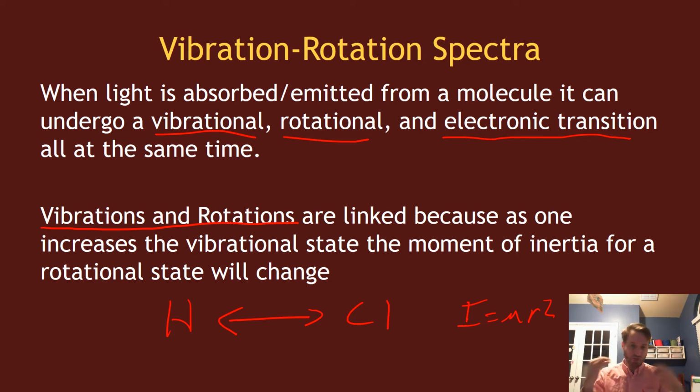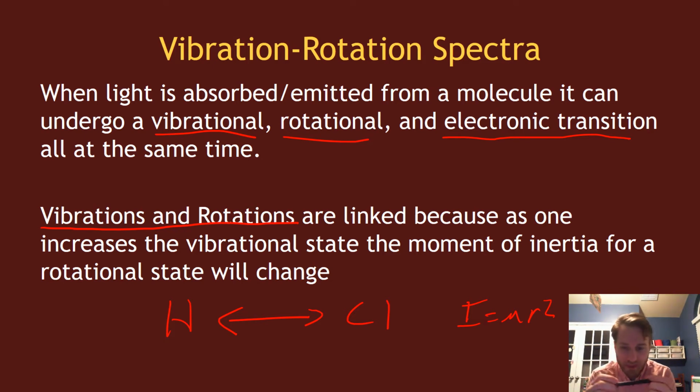This change in moment of inertia will change the rotational states. Similarly, as you're rotating faster and faster, that's going to stretch your bond a little bit, and that's going to change your vibrational frequency and your bond strength and other things like that. So there's this direct link between vibration and rotations.